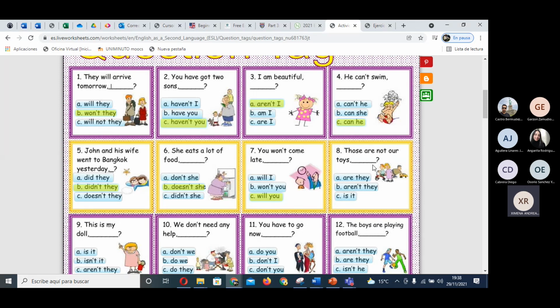Otto, would you help us, please, with the number 8? Those are not our toys. Those are not our toys, are they? Yeah, pretty good, excellent. Acá entonces el sujeto vendría a ser los juguetes, pero tenemos un demostrativo, ¿no? Donde dice, esos no son nuestros juguetes.